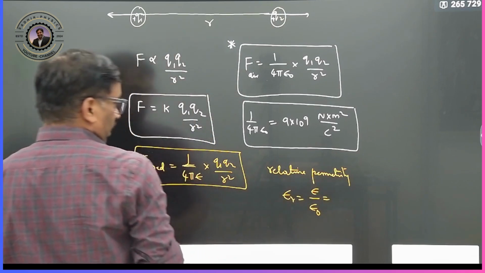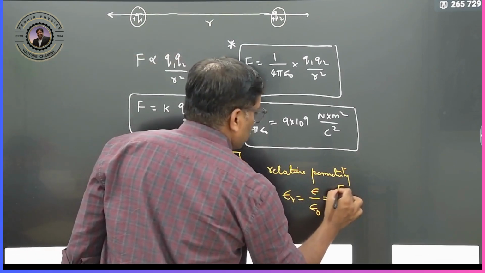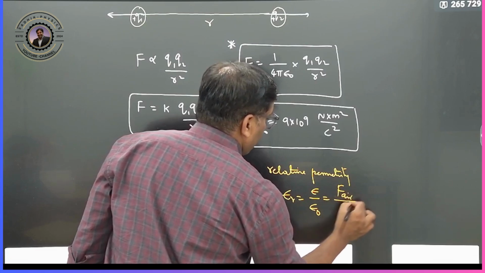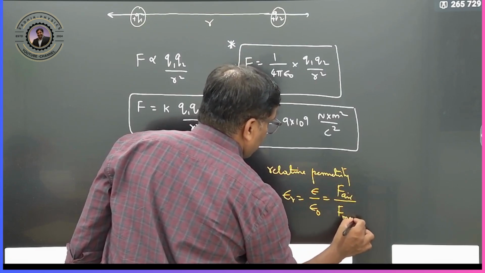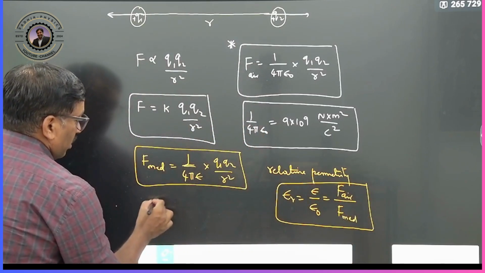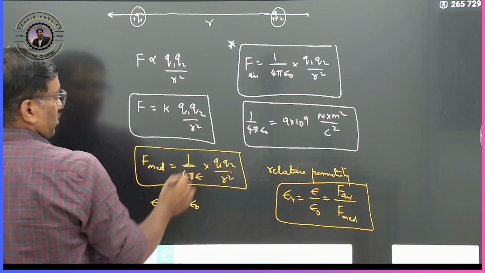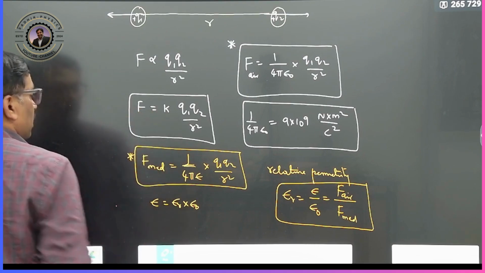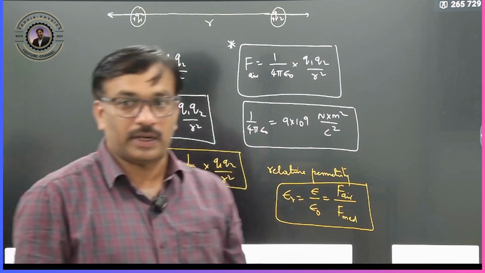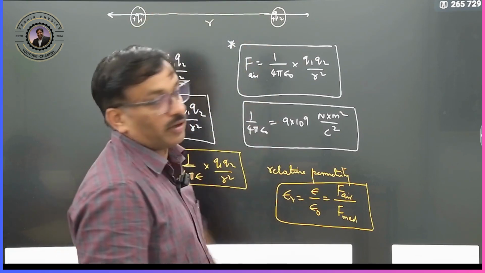Here the force is inversely proportional, so the force of the two charges when kept in air divided by the force when kept in the medium gives epsilon R. In this way you can calculate it. Epsilon equals epsilon R into epsilon naught. You can substitute it and get the force in the medium, if it is completely filled in a certain medium.